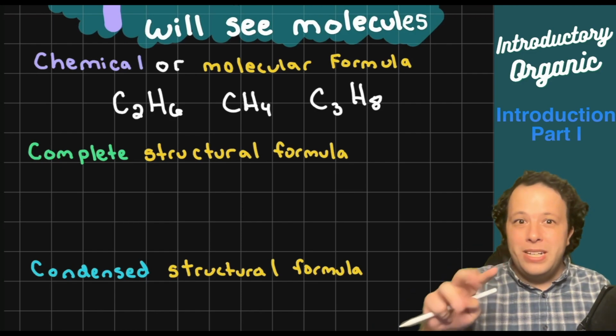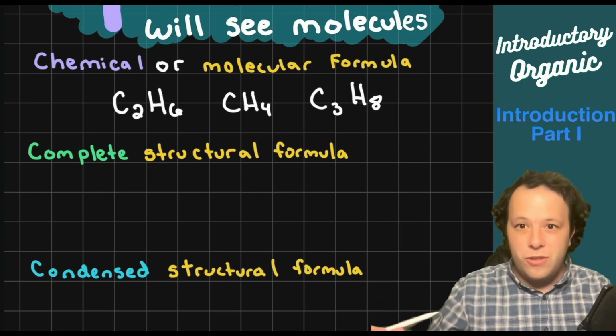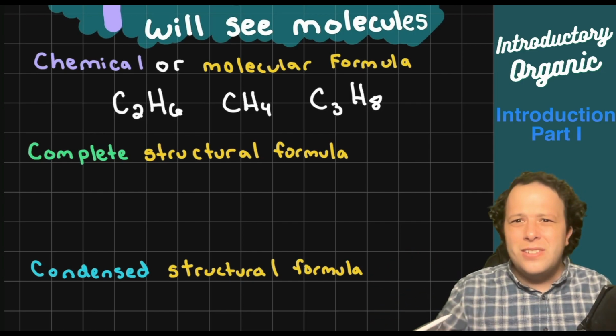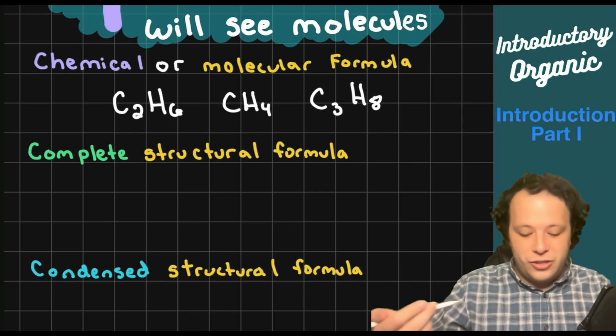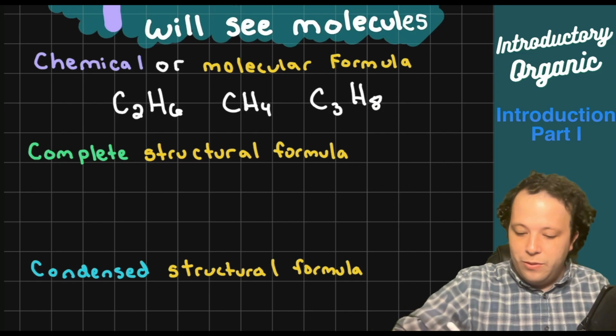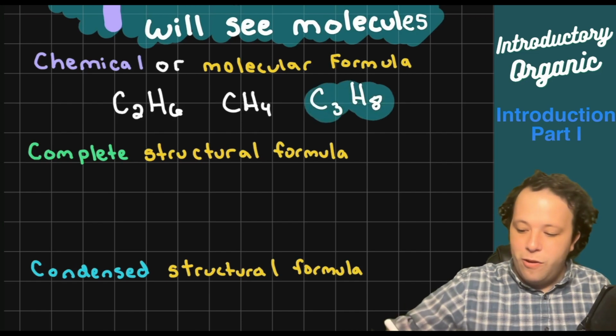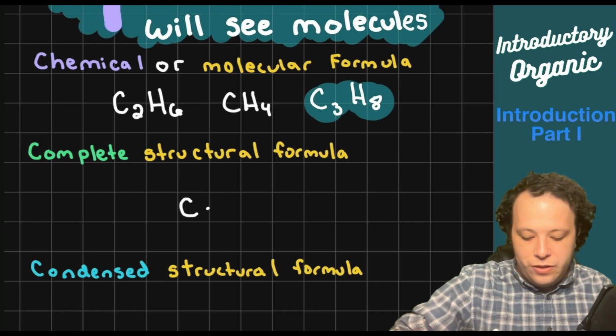So there are 3 ways to show how something is bonding. The first one is complete structural formulas. It's also sometimes called line bond or full structures. Let's use the example on the right-hand side here, propane, throughout this. How would we show that complete structural formula?